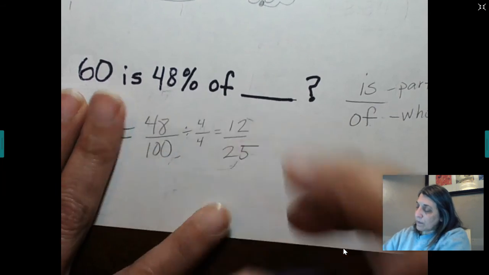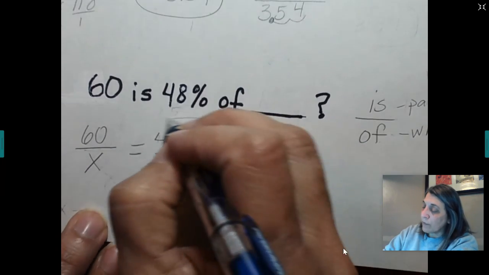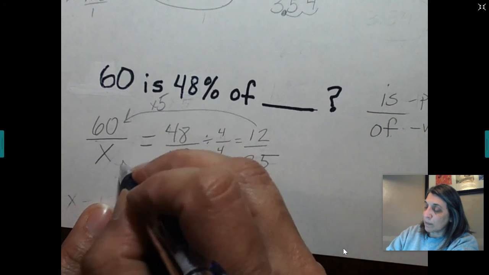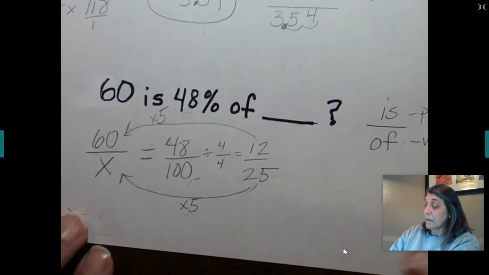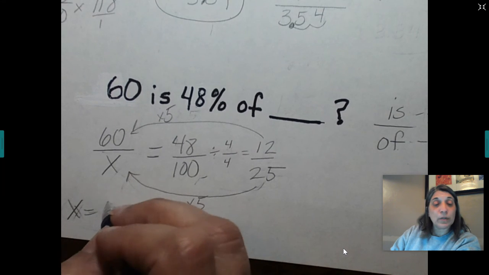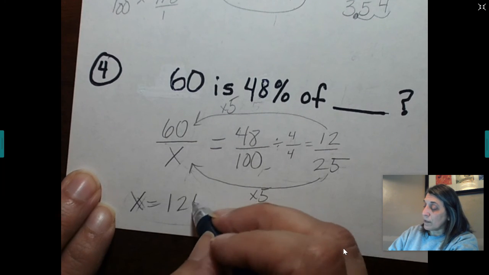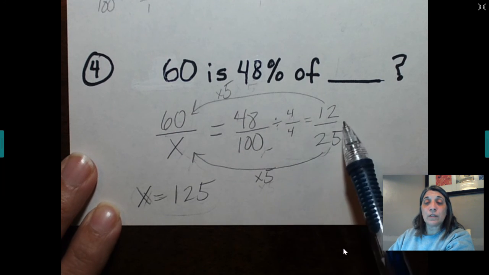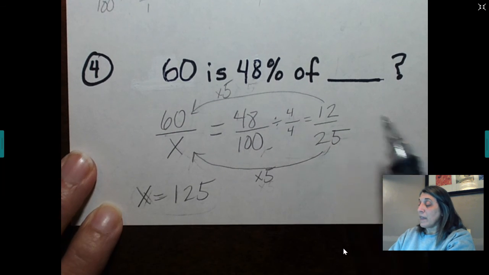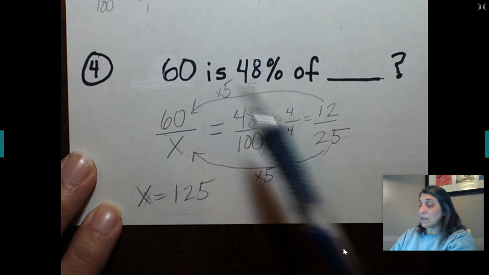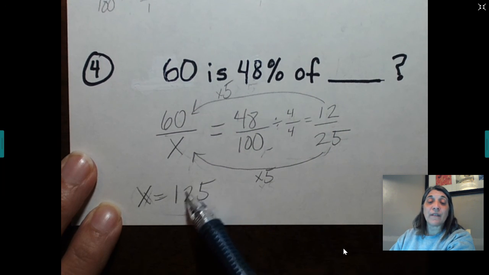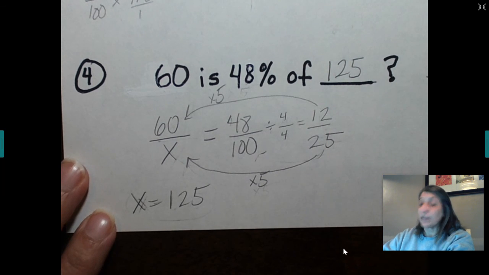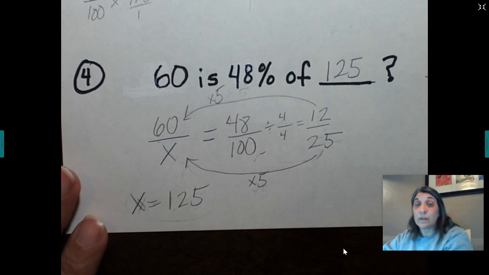I can go from 12 to 60 by multiplying by 5, which means I just need to multiply my bottom by 5. And that gives me that x is equal to 125. So all I did is I simplified my 48 over 100 to 12 25ths. And then I know that 12 times 5 is 60, so I just need to do 25 times 5 and get 125. So 60 is actually 48% of 125.